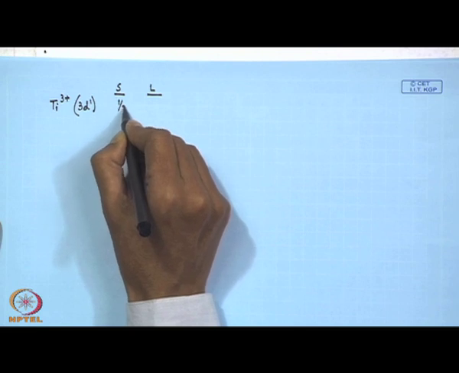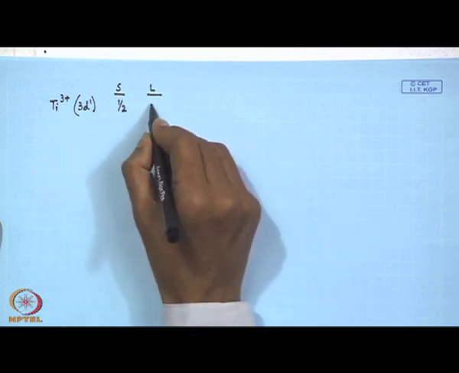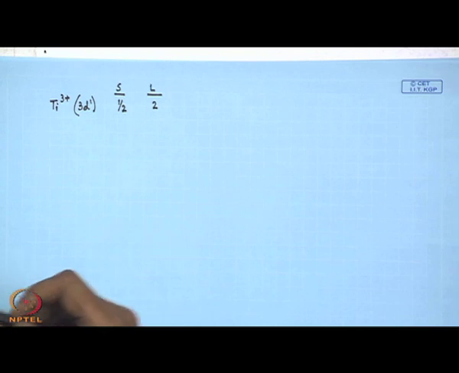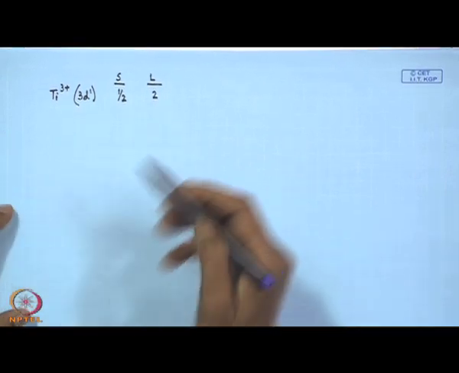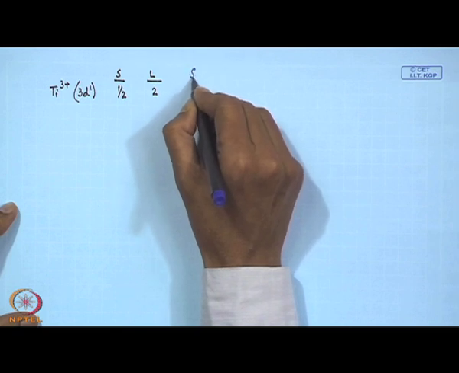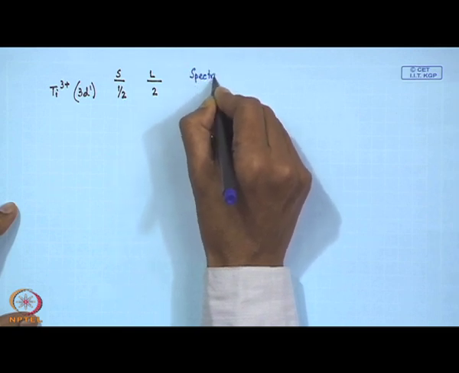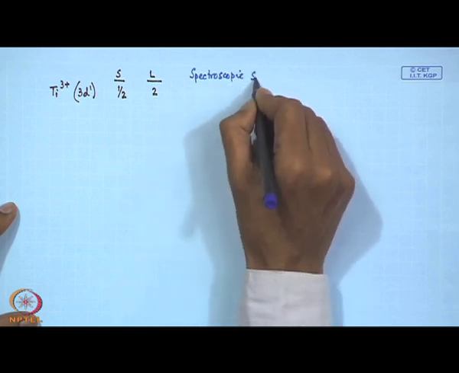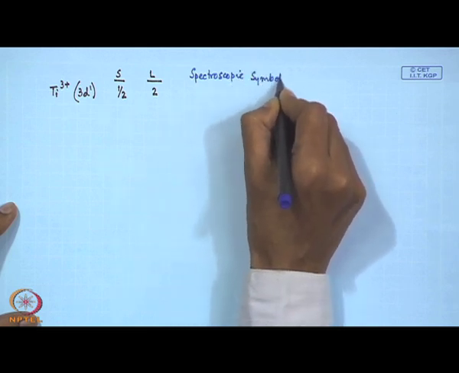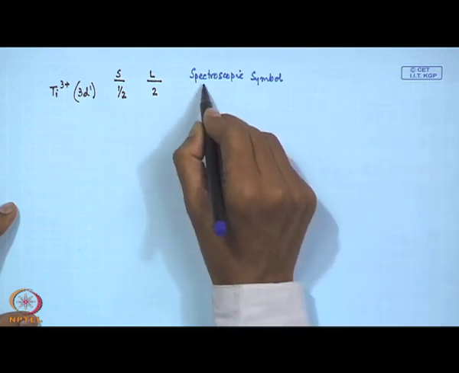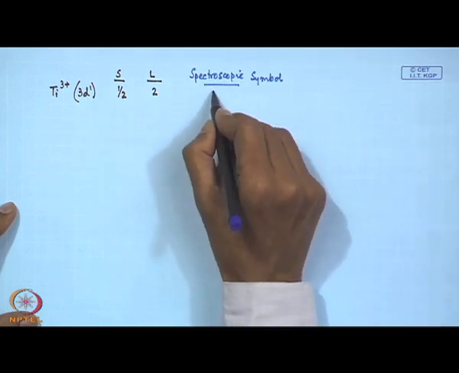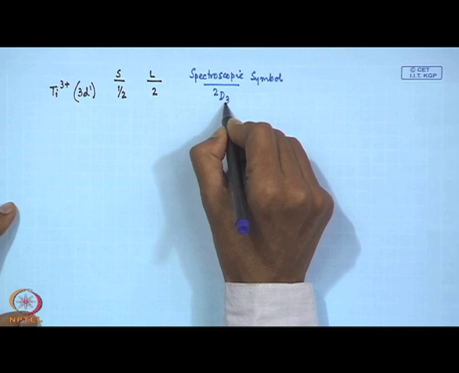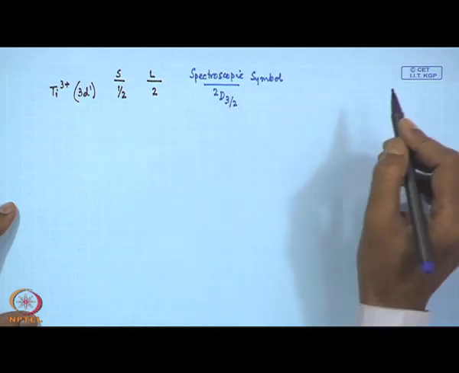So, S is half and L equal to 2 for the d electron, and the spectroscopic symbol for this would be 2D 3 by 2.